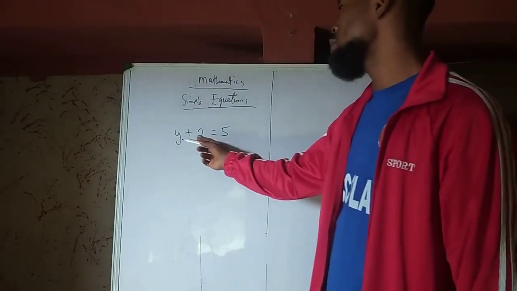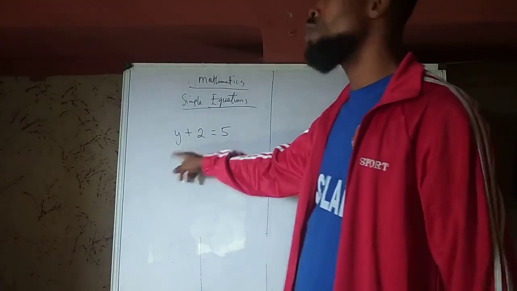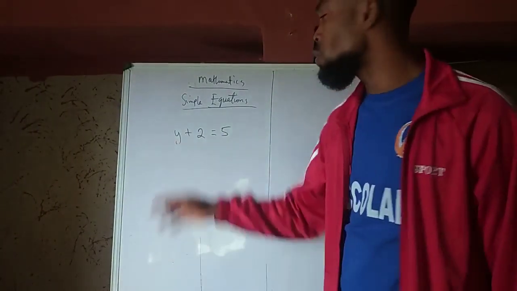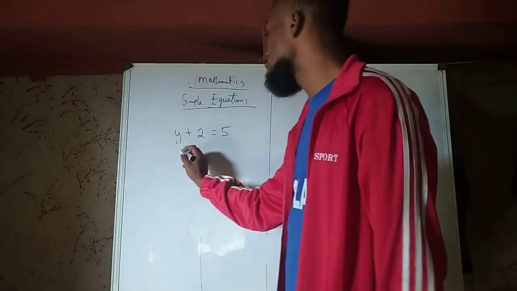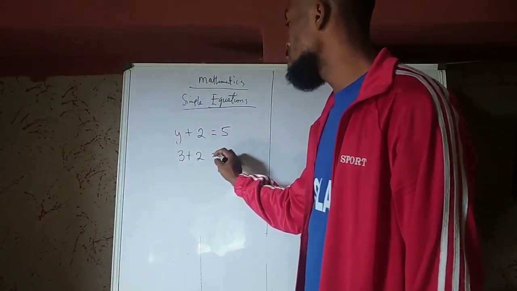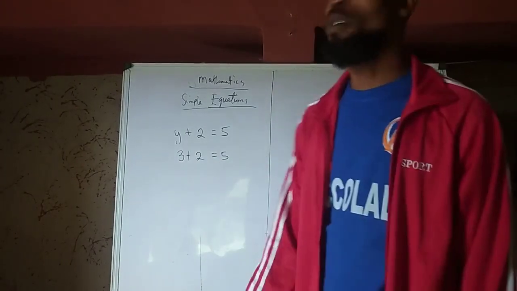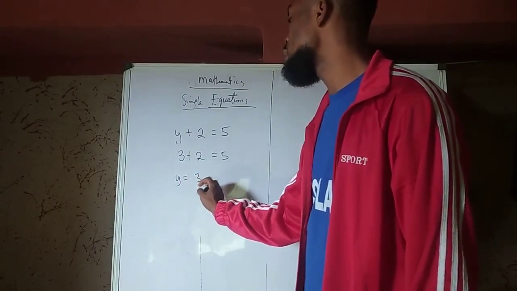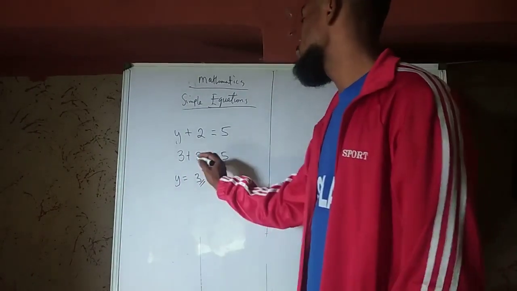They are telling us that if you add y to 2 you get 5. What number, when added to 2, will give us 5? The simple answer is 3. If we add 3 plus 2, it gives us 5. There is no other number that we can add to 2 that will give us 5 apart from 3. So the value of y is 3. You get that, right?